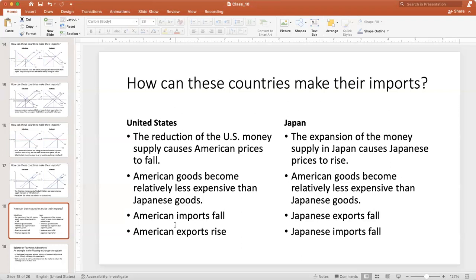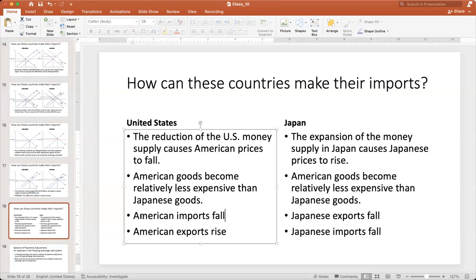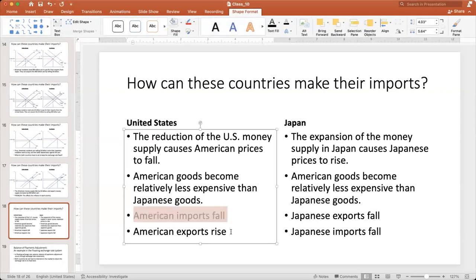And because the price of the products in the American market are lower, American citizens will change their decisions in the international market. So American imports will fall and American exports will rise. Why? Because in Japan there is a different story.